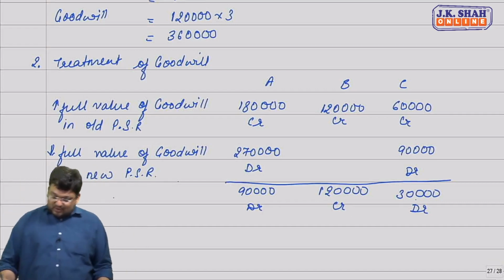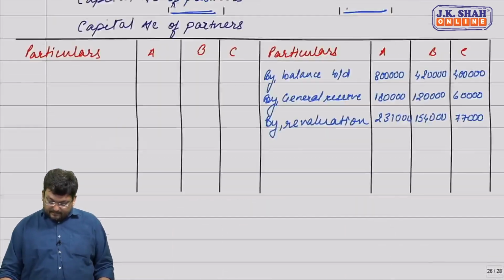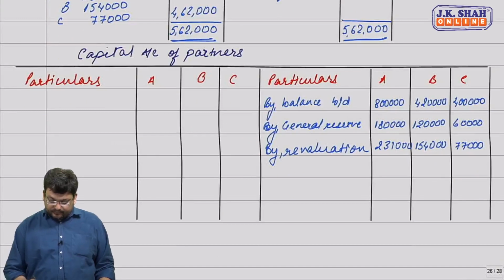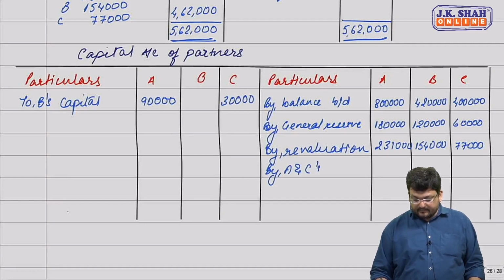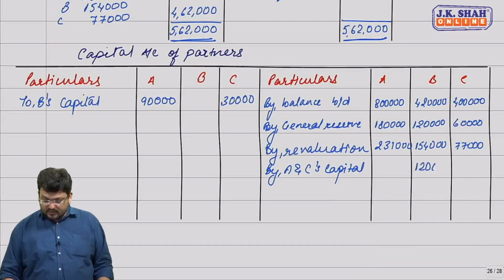So A/c to B's capital. And in B's capital on credit side. Correct.